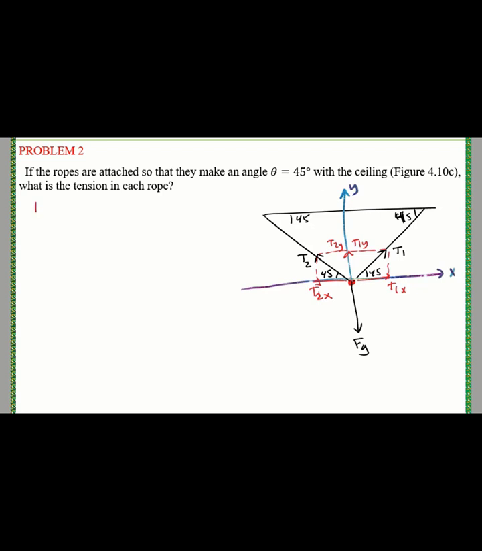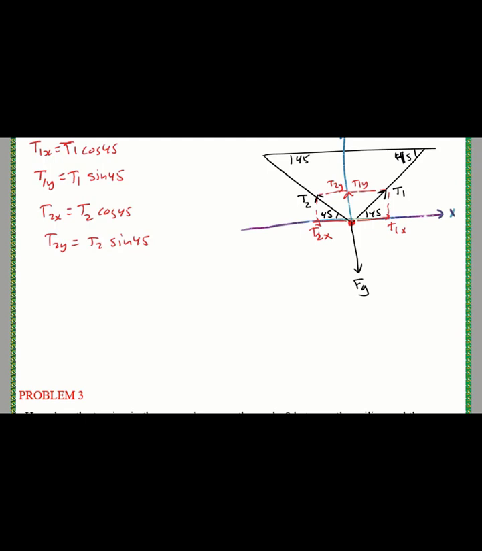Now the resolution: T1x equals T1 cosine 45, T1y equals T1 sine 45, T2x equals T2 cosine 45, T2y equals T2 sine 45. Now apply the equilibrium on the x-axis. F net on the x-axis equals 0 because we have equilibrium.